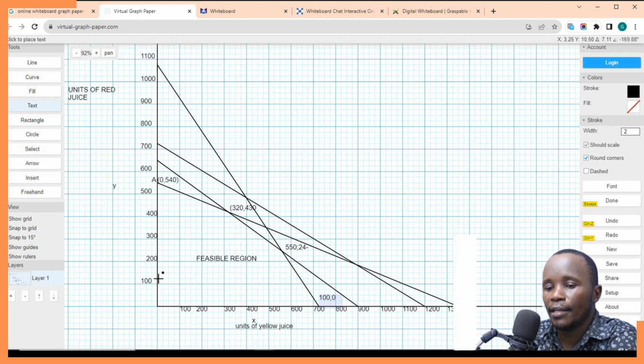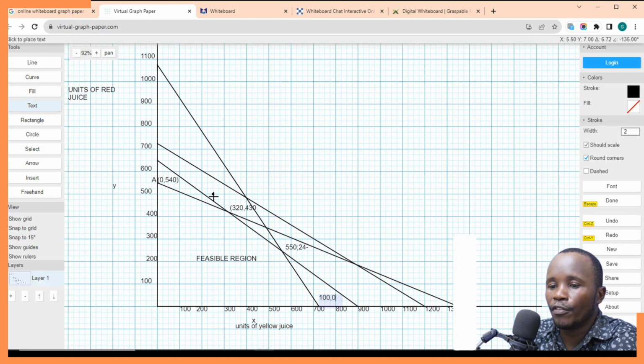I transferred when x is 0, the first graph, y is 540. And then when y is 0, x is 1200. So I plotted this line. So once you transfer these lines like this, you go to the question.